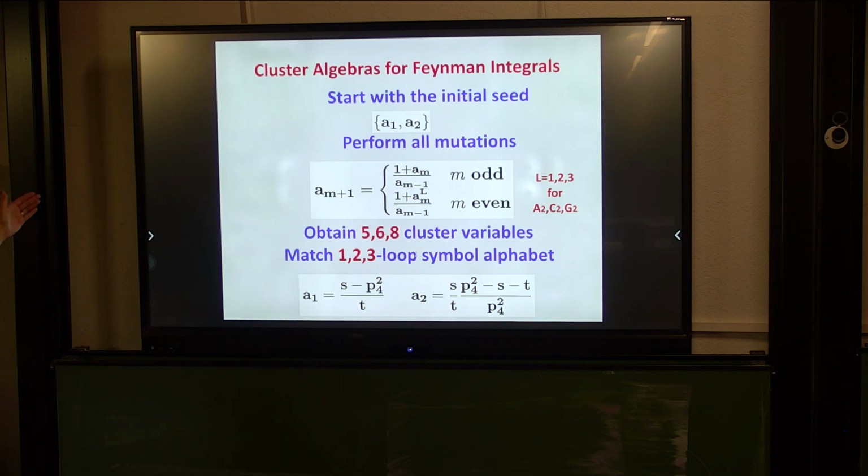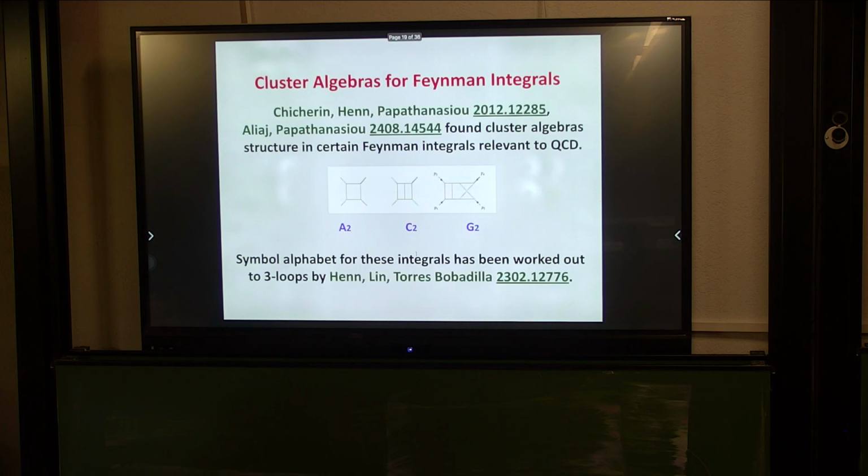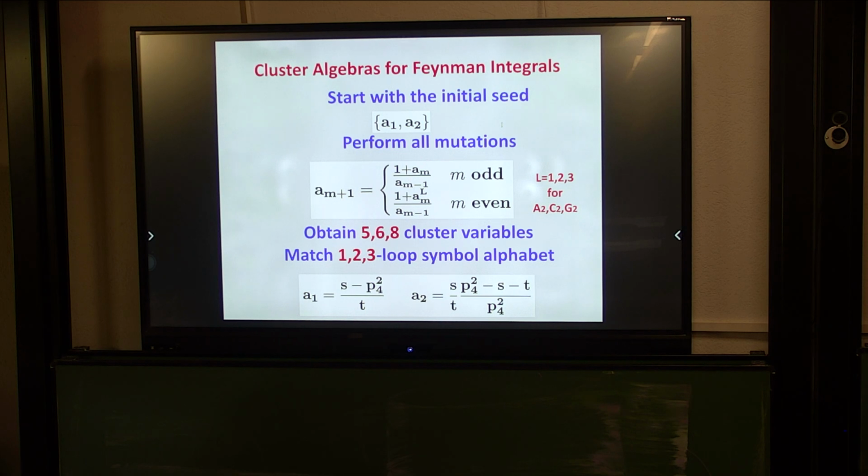So now, it turns out that the first paper with Chicherin goes to 2 loops, but I'll just go to 3 loops right away. So the relevant cluster algebra for 1, 2, and 3 loops is A2, C2, G2. You start with an initial seed of 2 nodes, and you do the mutation. That's the mutation rule.